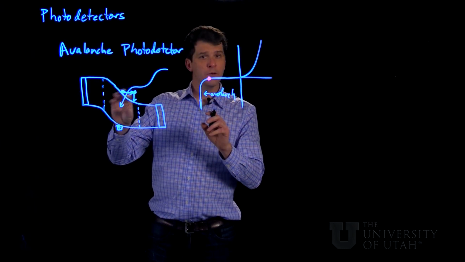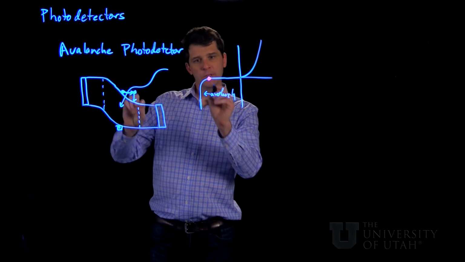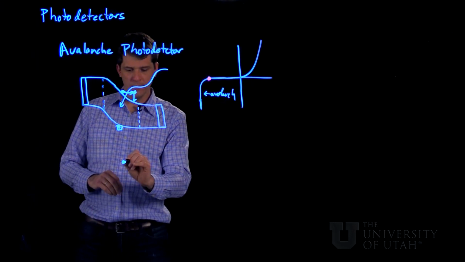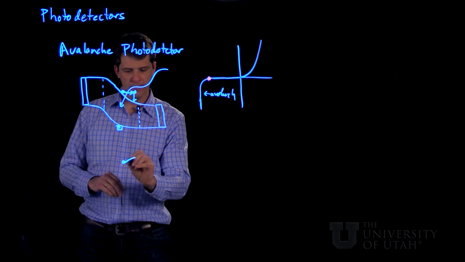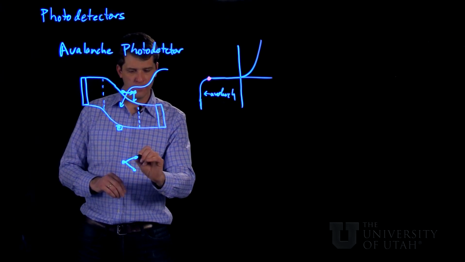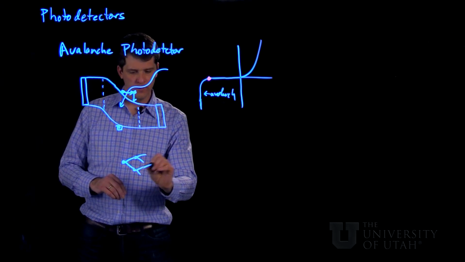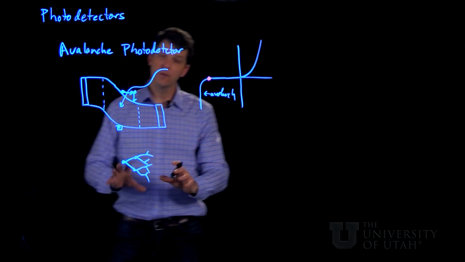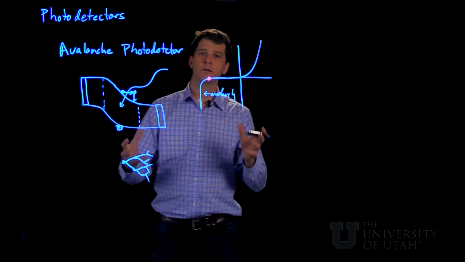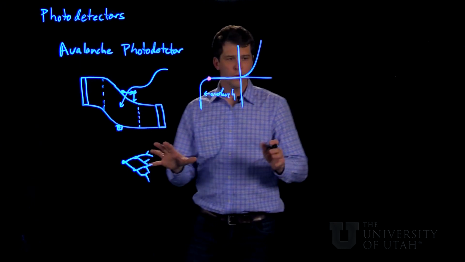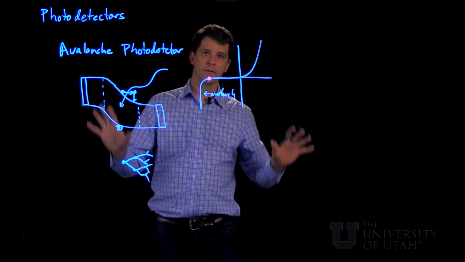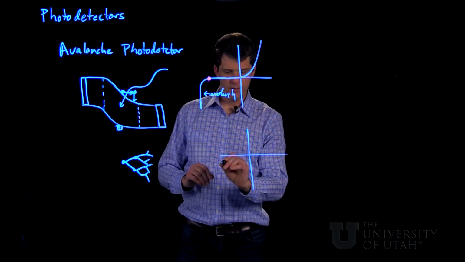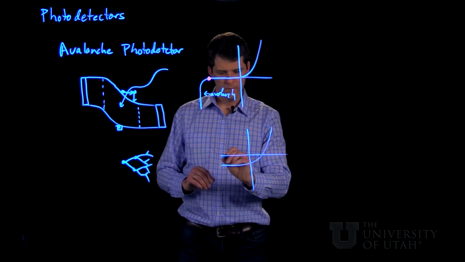So the extra current that's flowing through the diode in the light actually pushes it over the threshold for avalanche multiplication, and we get that first electron-hole pair generating a second, and then those generating a third, and so on and so forth, so that by the time the current is extracted from the diode, we get an exponentially larger current. Now this is important because in all of the detectors that we discussed so far, we had this J light, right?